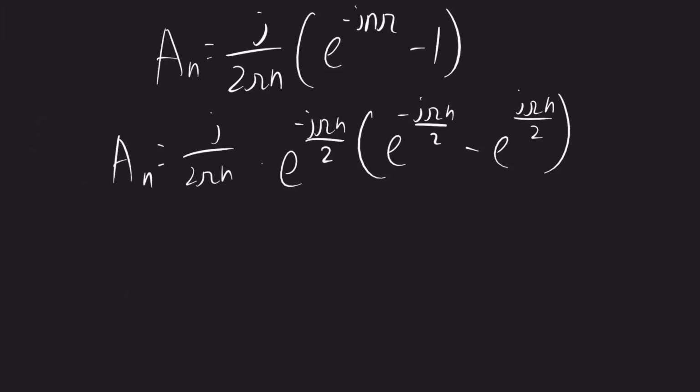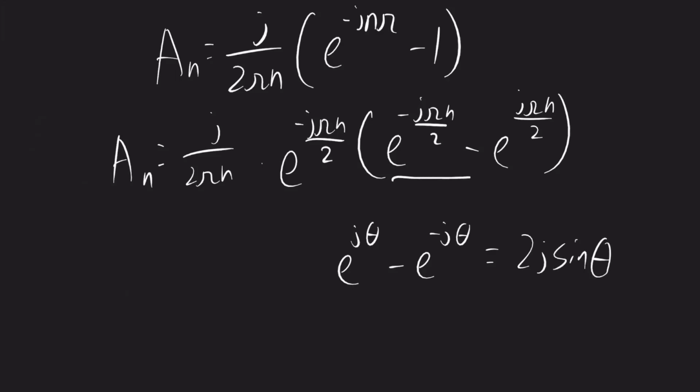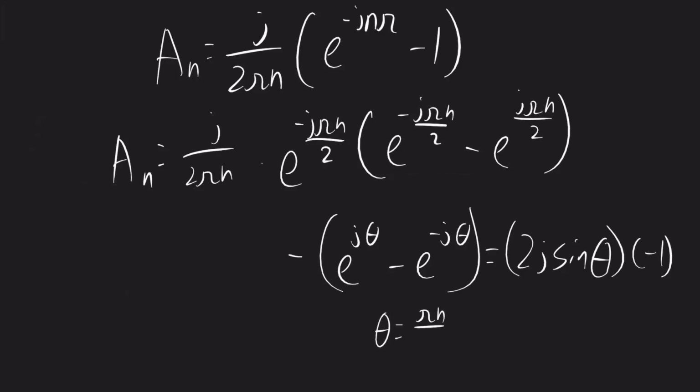There's a form of Euler's formula that states e to the j theta minus e to the negative j theta is equal to 2j times sine of theta. Now this is close to what we have, except the signs are flipped, where the positive exponent has the negative sign in front, and it should be the other way around. So if we multiply this by negative 1 on both sides, we get this, where theta is equal to pi n over 2.